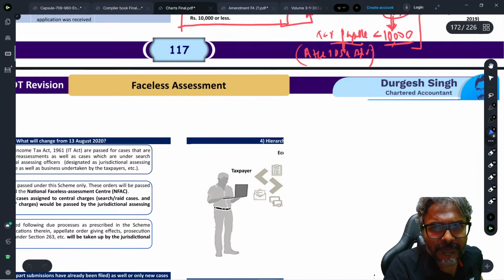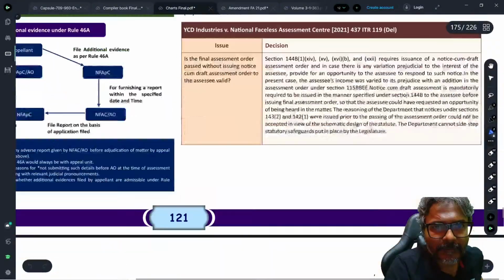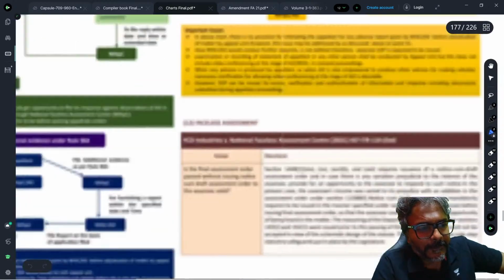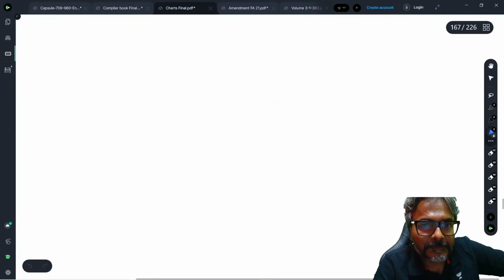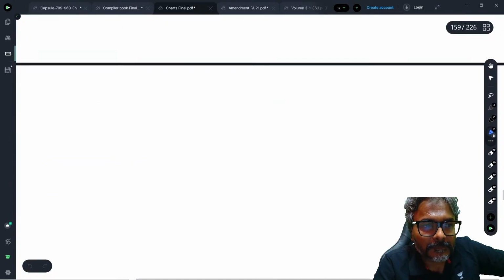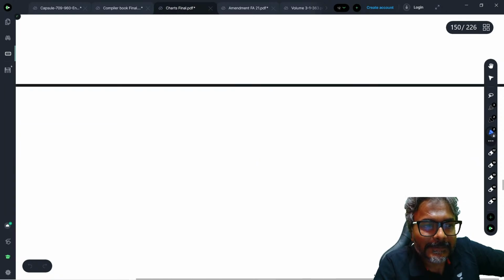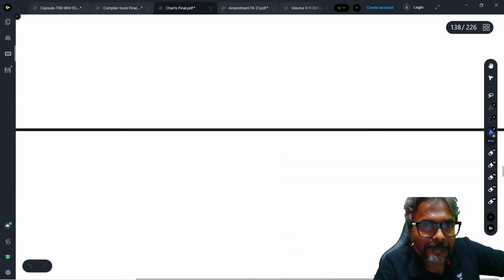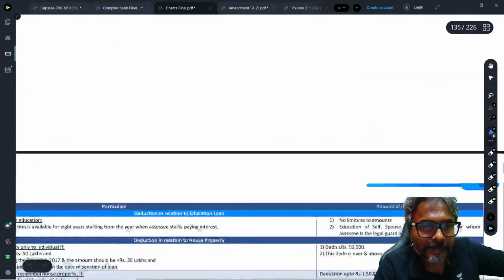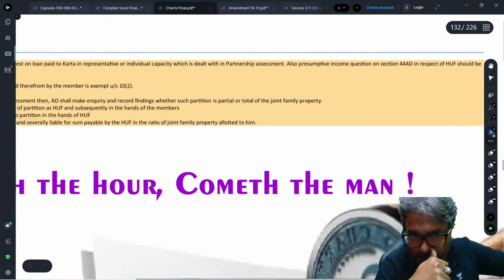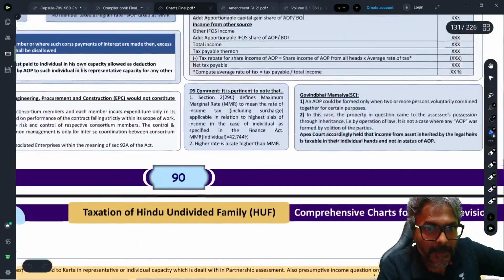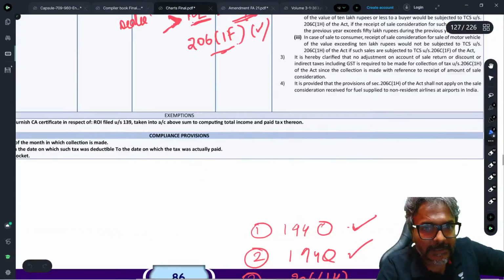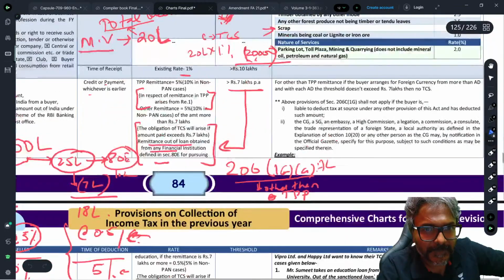In the case of the methods of transfer pricing, students, I will be dealing with two methods: the resale price method and the cost plus method.